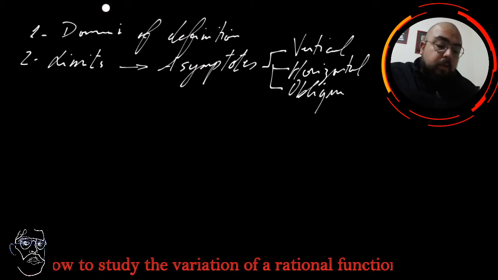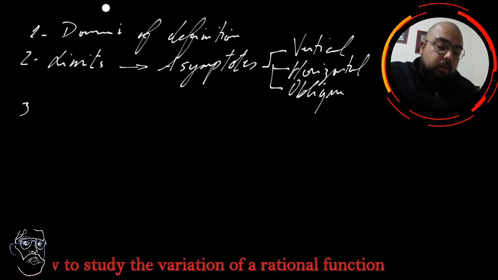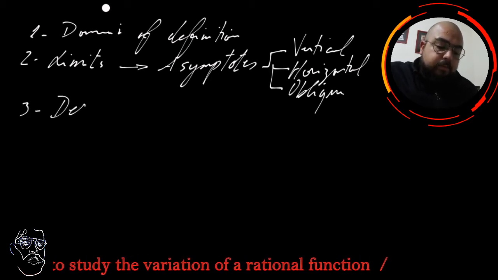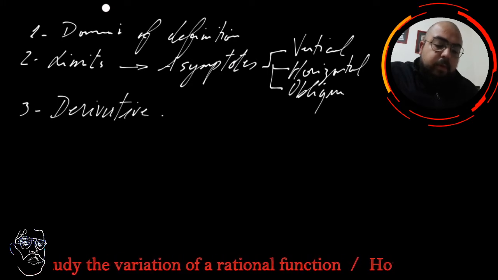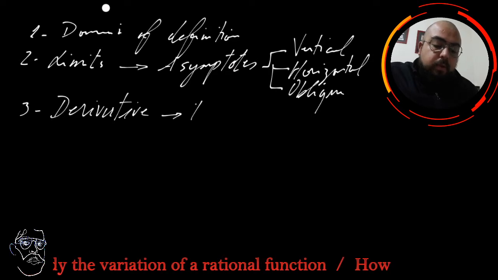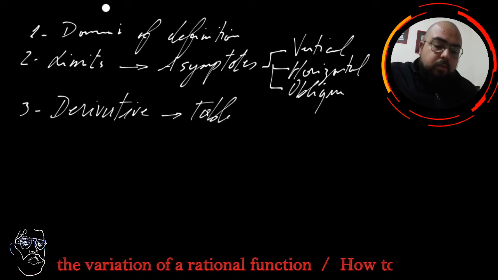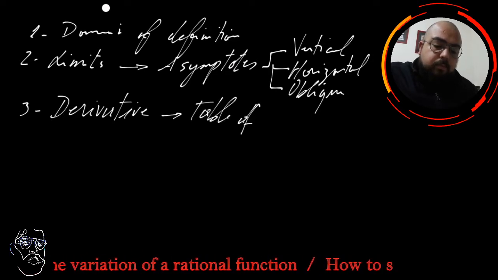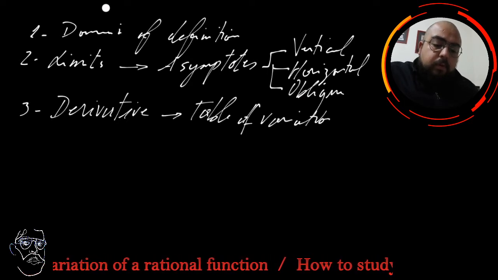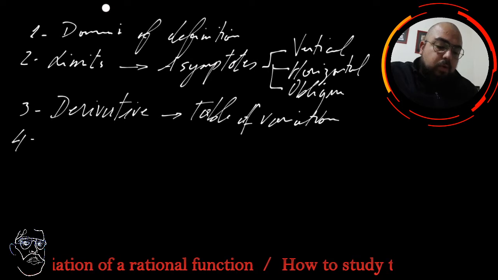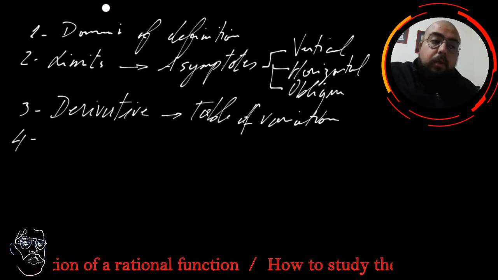Once you have calculated the limits, you can go on to calculate the derivative. From the derivative, you will be able to do your table of variation. Later, the fourth step is to choose some particular points.